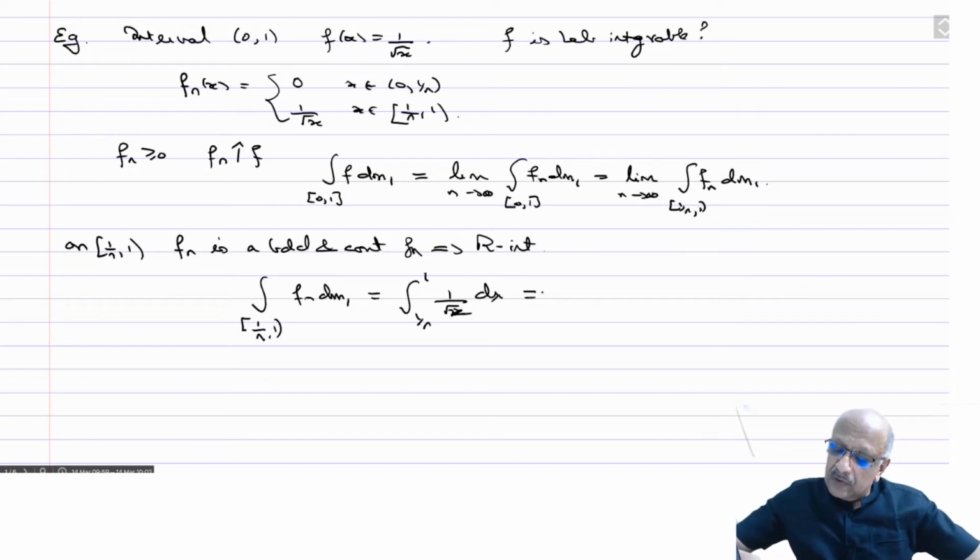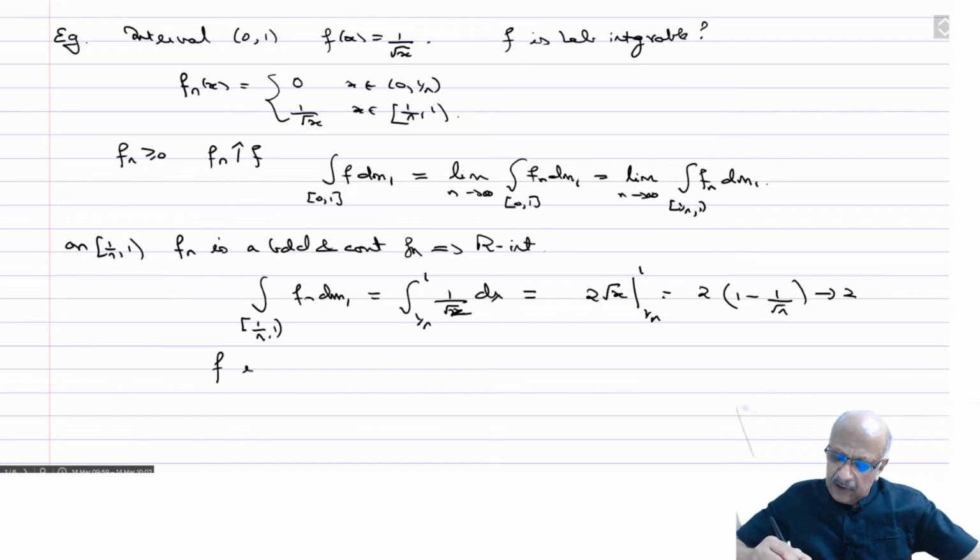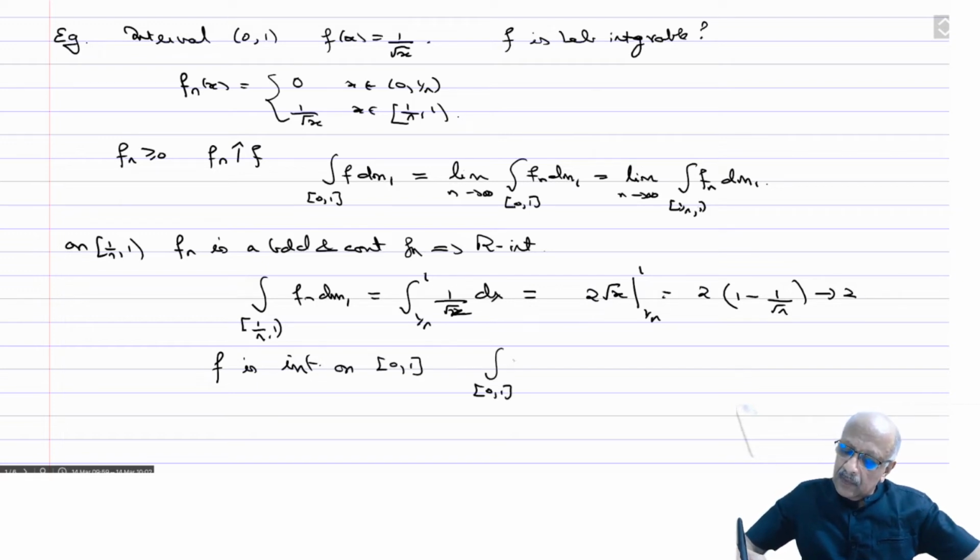And this we know, this is 2 root x evaluated at 1/n and 1, so this is equal to 2 into (1 minus 1 by root n), and that converges to 2. Therefore f is Lebesgue integrable on 0, 1 and the integral of f dm1 over 0, 1 is in fact equal to 2 in this case.